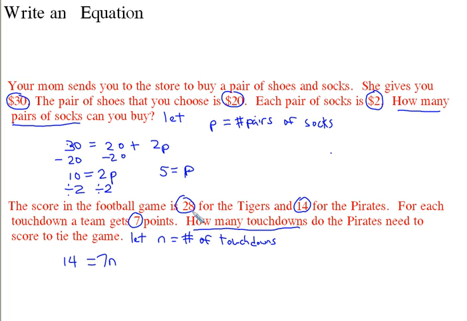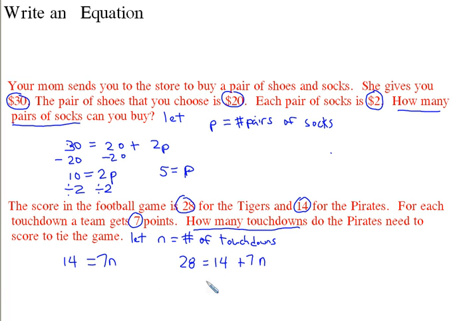But let's write it out a little bit more long-handed way to make it clear that we're dealing with each of these parts. So right now 28 points is where we're trying to get to, right? So we already have 14 points. Now we need to score some more touchdowns. So that's just n, the amount of touchdowns. And since each touchdown is worth 7 points, we put that in front.